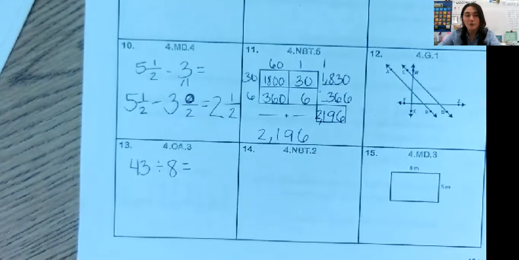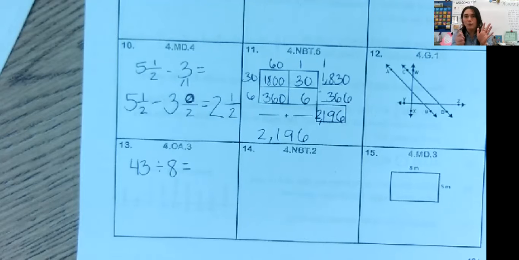Well, I know a multiplication problem that involves 8 that gets pretty close to 43 without going over. If I do 8 times 1, I have 8. 8 times 2 is 16. 8 times 3 is 24. 8 times 4 is 32. 8 times 5 is 40.